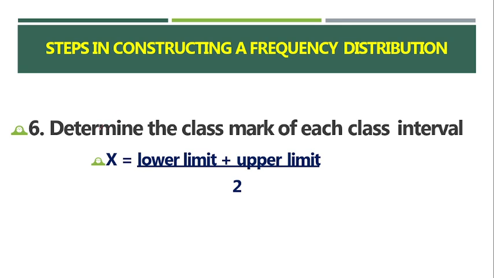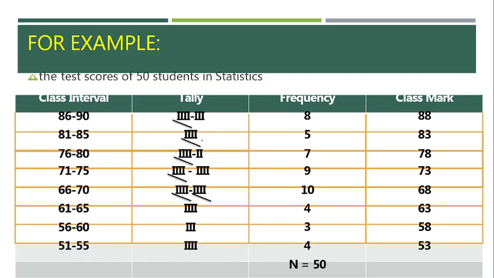Next in line is to determine the class mark of each interval. So if we're going to check the class mark, what's the class mark? Lower limit plus upper limit divided by 2. So if this is 86 to 90, lower limit plus upper limit, 90 plus 86 is 176.